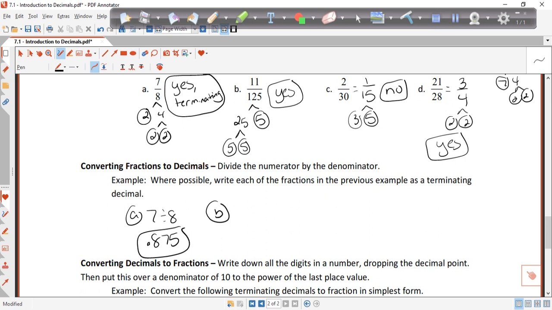For B, we said it was terminating, so you do 11 divided by 125, and you get 0.088. C was not terminating, so we won't do that one. You could check it and see that it does go on forever. And then D, you can either put in 21 over 28, or you could put in 3/4. Either way, you're going to come up with 0.75.